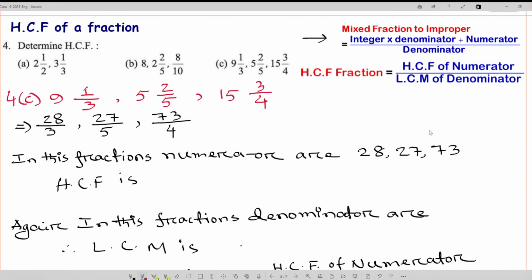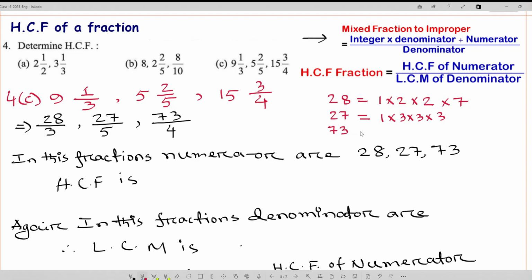Now look, they have no common factor. 28 we can write as 1 times 2 times 2 times 7. 2 times 2 is 4, 4 times 7 is 28. 27 is 1 times 3 times 3 times 3. 3 times 3 is 9, 9 times 3 is 27.